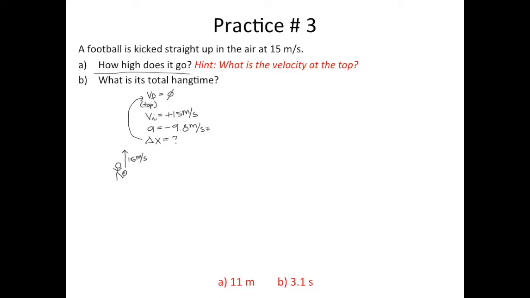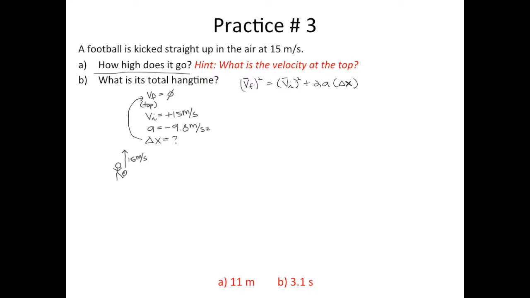So let's look again for an equation that fits these 4 variables, and it's the one we used on the last problem. So v final squared equals v initial squared plus 2a delta x.